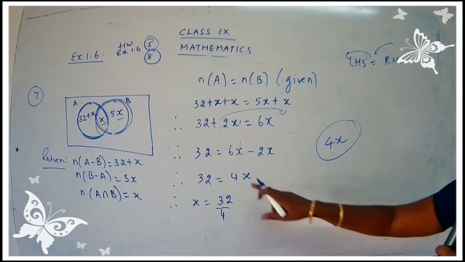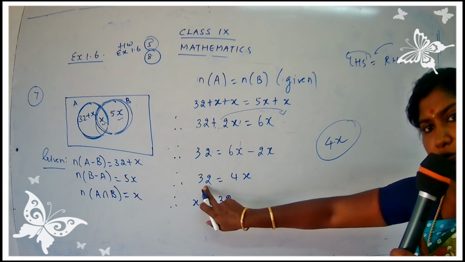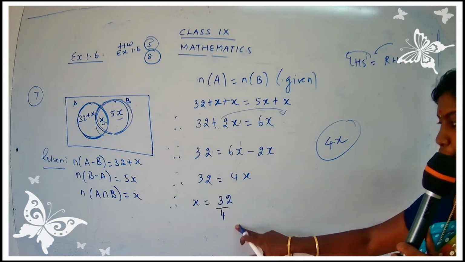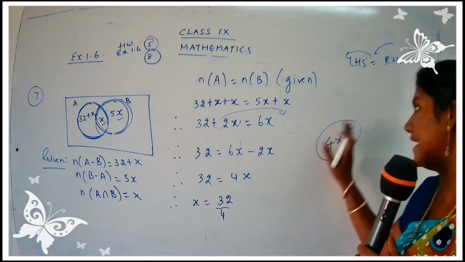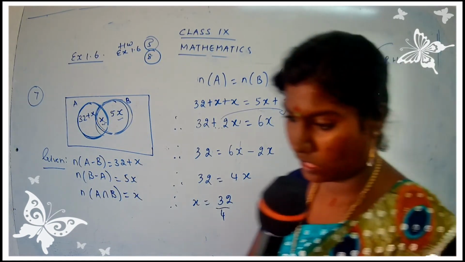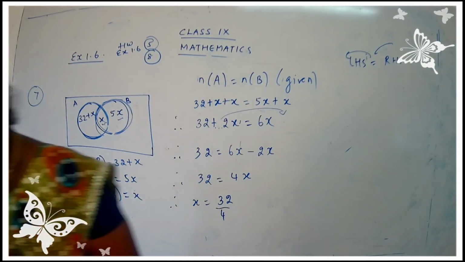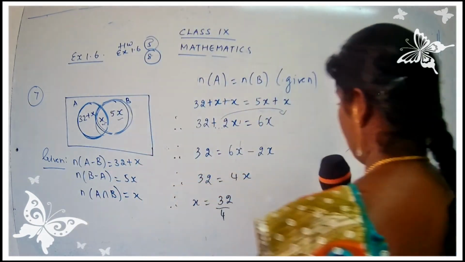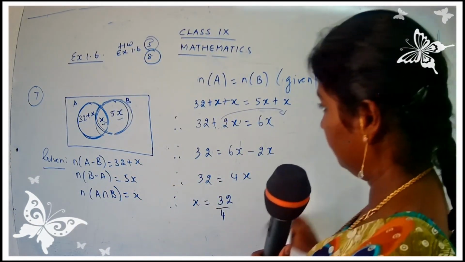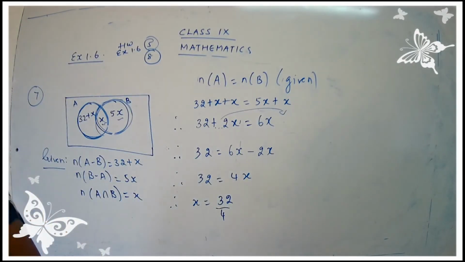Are you clear, children? The multiplication will change into division. So 32 upon 4. 4, what is the answer? Just divide it. Find out the answer for x, children.